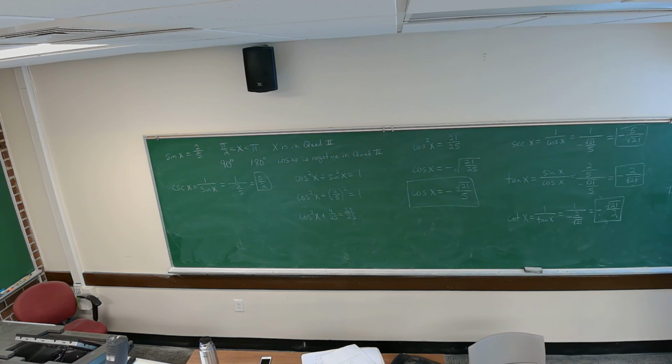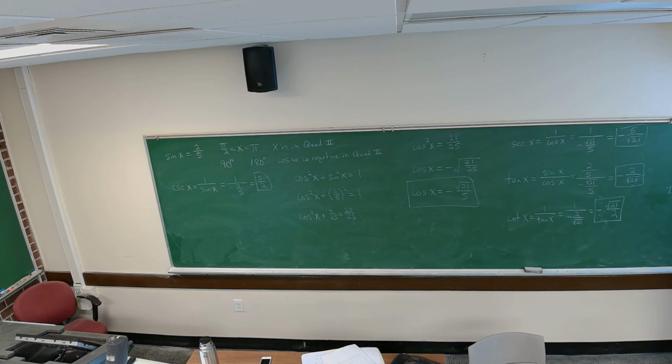This is also an oblique triangle. There's no 90-degree angle in it. The three angles inside the triangle are labeled big A, big B, and big C, and the corresponding sides opposite each angle are labeled little a, little b, and little c.